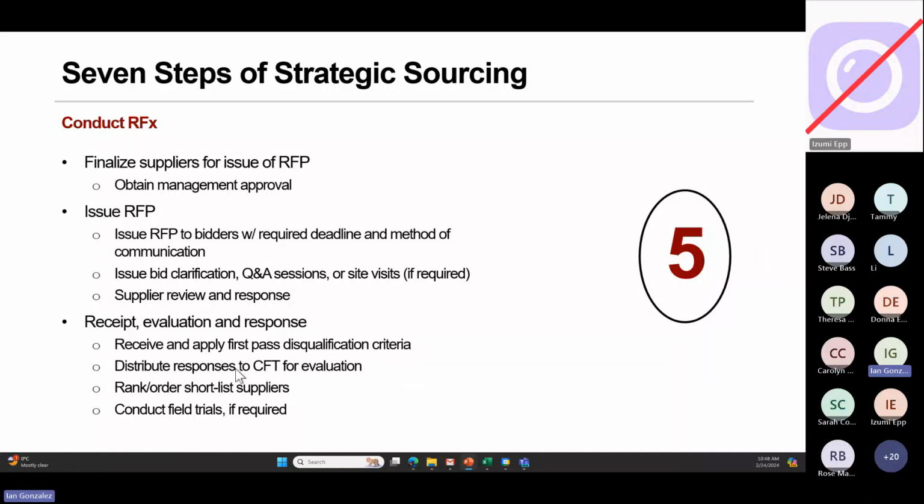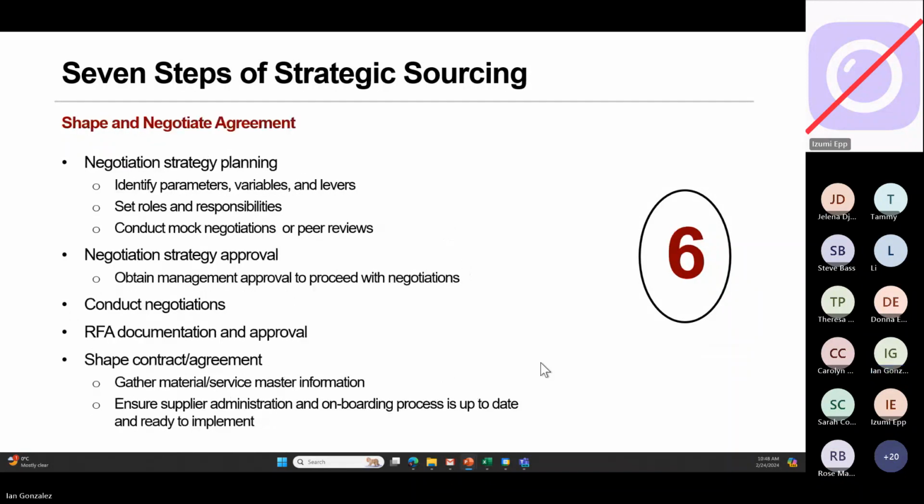They're part of this evaluation. And you rank and shortlist them, and then if you need to, you can conduct field trials. Invite them to site and say, okay, here's what it's going to look like. Any questions? Would you like more details on the nature of the business? That's conducting your RFX. It looks different for each company, but that's essentially step 5.